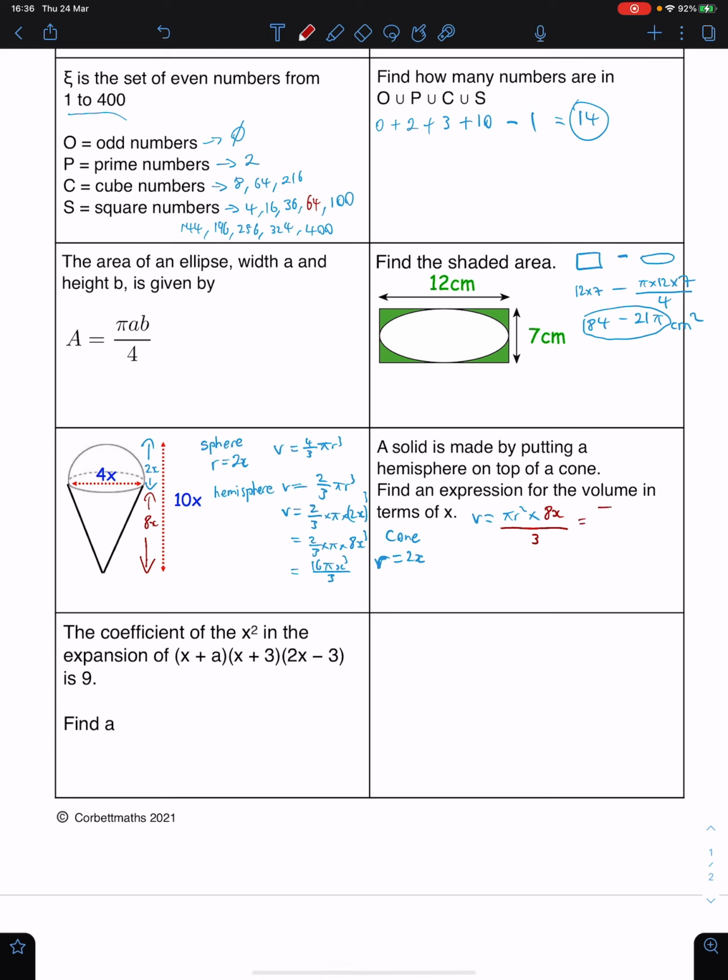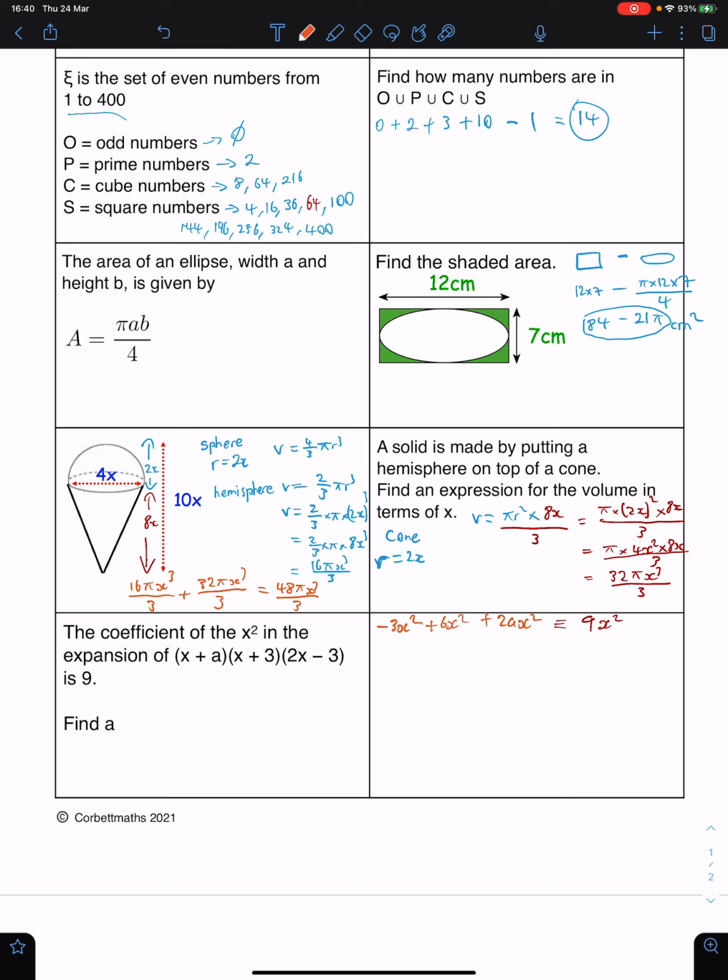So all of those things are going to be equivalent to 9x squared. So on the left-hand side, if I add up all of the x squared terms, I get 6x squared minus 3x squared, which is 3x squared, and then plus the 2ax squared, so that's 3x squared plus 2ax squared, and that is equivalent to 9x squared.